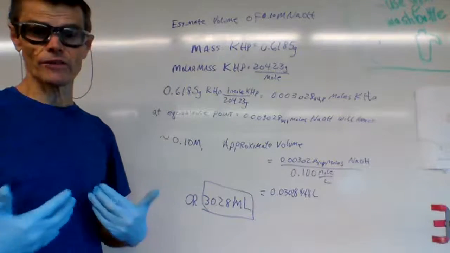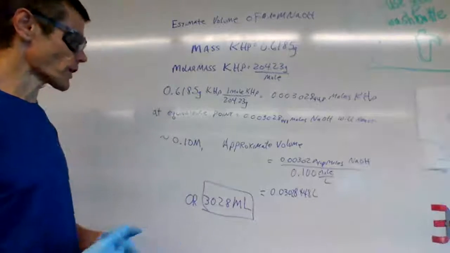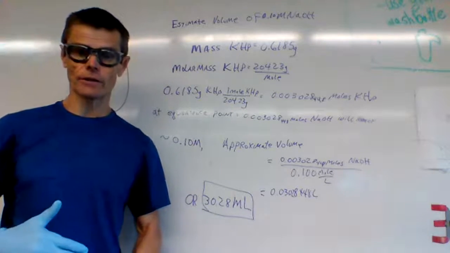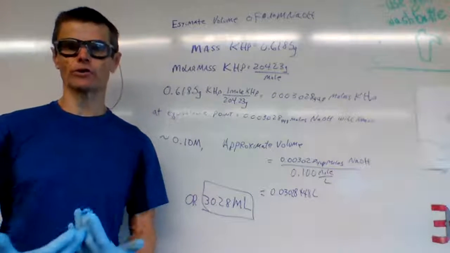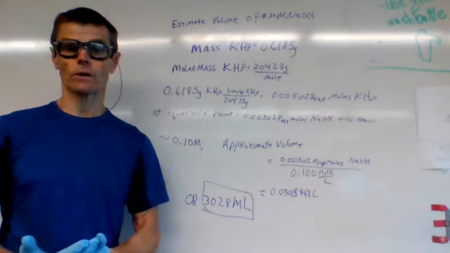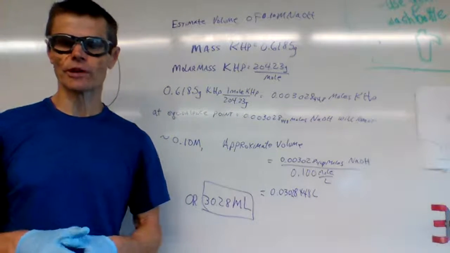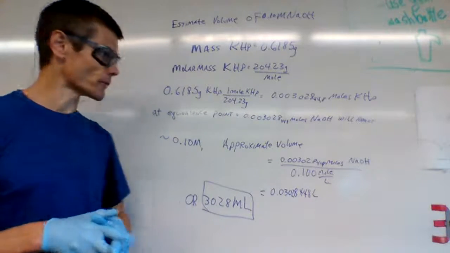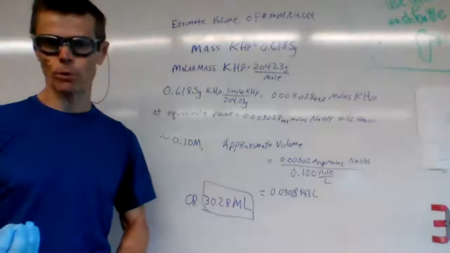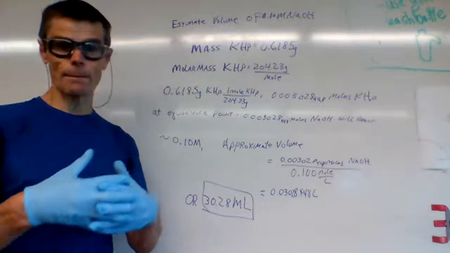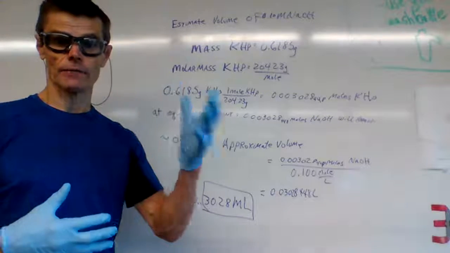So what we're going to do in this exercise is test our approximation by quickly adding 25 milliliters and then slowly approaching the endpoint to see where the color change occurs. Notice I used a different term there, endpoint. There is a difference between equivalence point and endpoint. As we said, equivalence point is when we have stoichiometrically equivalent amounts of acid and base.